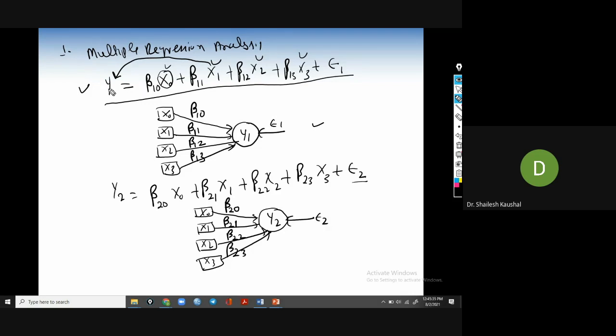Okay. So the same equation we can write in this diagram. These are the independent variables x0, x1, x2, x3. Is it clear? It's a multiple regression analysis. So it's a prerequisite of structural equation modeling.